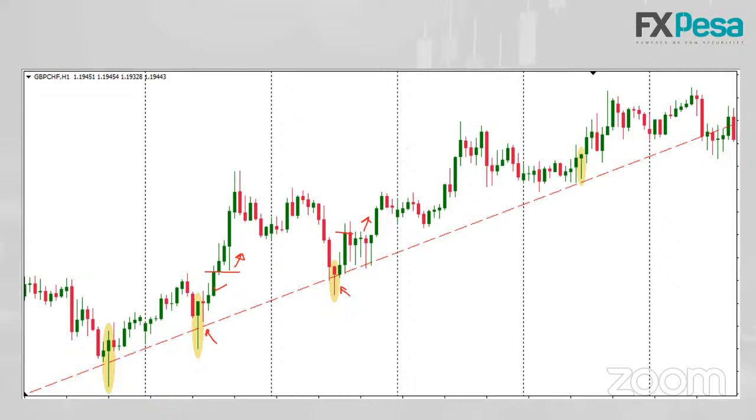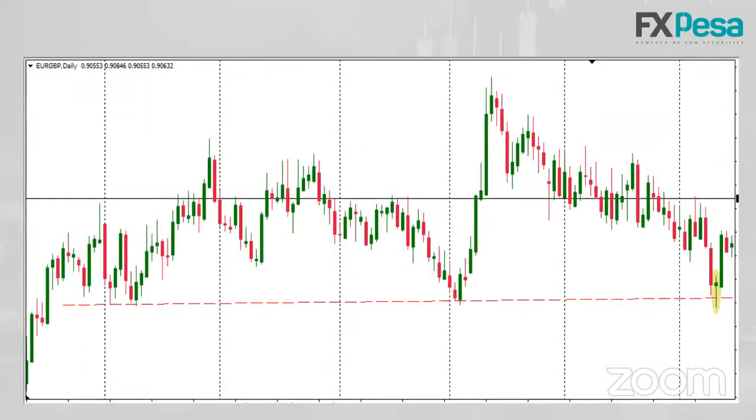Let's now look at the bearish scenario. And before that, you can as well look at it on a range. So in this case, you're looking for those reversal candlesticks along the support area, and this could be a demand area as well.